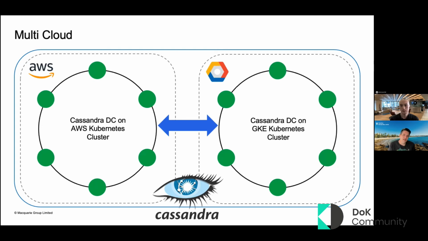So if one region goes down or connectivity between regions is cut for some reason, the other regions can still operate independently. And this completes the picture of what we've done today with deploying Cassandra and with Cass Operator in Kubernetes.